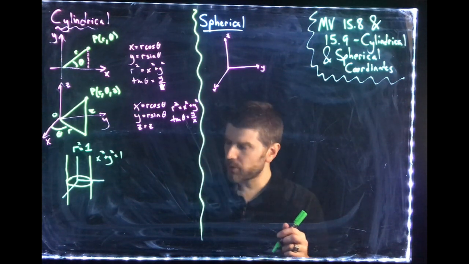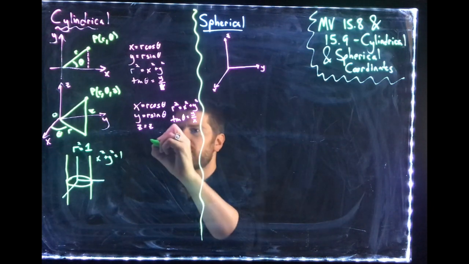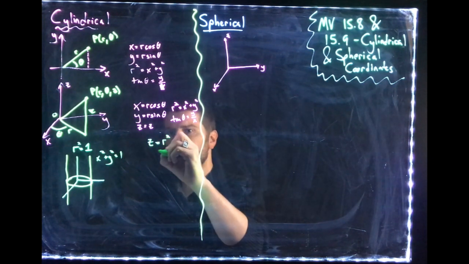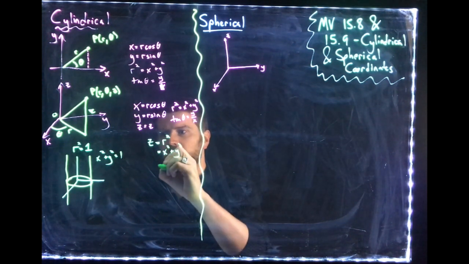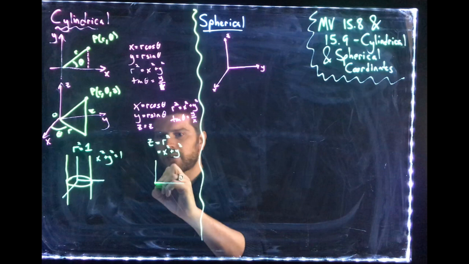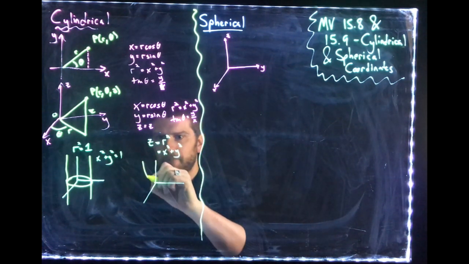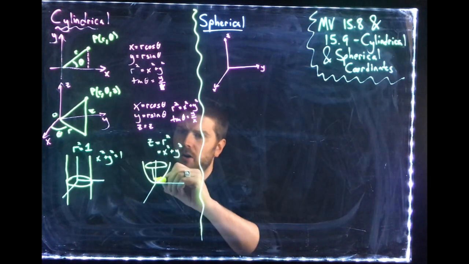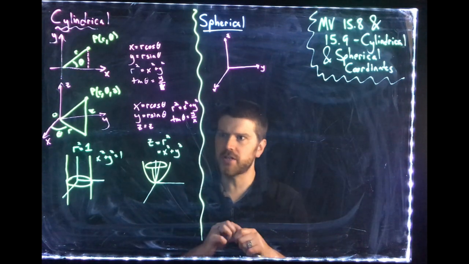We could try another one. Let's try a different one. Let's try z equals r squared. Well, r squared we know is x squared plus y squared. So z equals r squared is, in fact, our good old friend, the paraboloid. We will often, when it comes to doing other integrals and things, use z equals r squared.